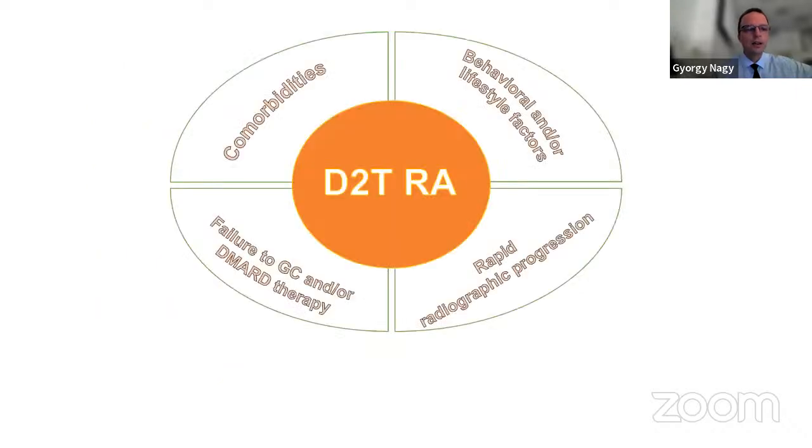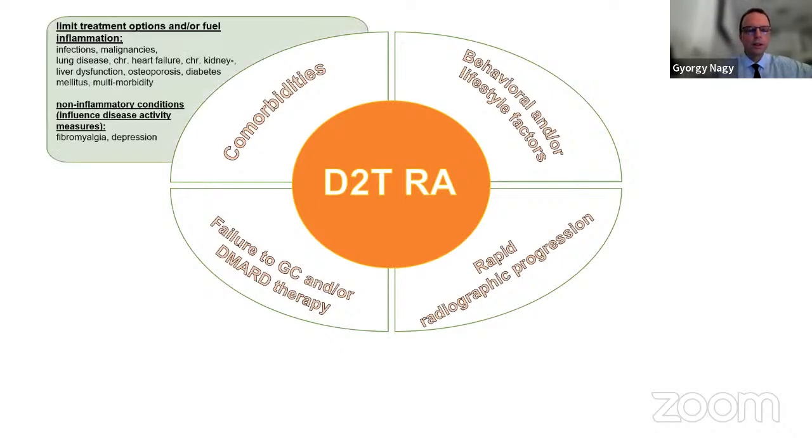What are the underlying factors? If we say that comorbidities, behavioral factors, failure of different kinds of therapies, and rapid radiographic progression are all important potential components of difficult to treat, I think you would agree. What about comorbidities? Some comorbidities may limit treatment options or fuel inflammation.